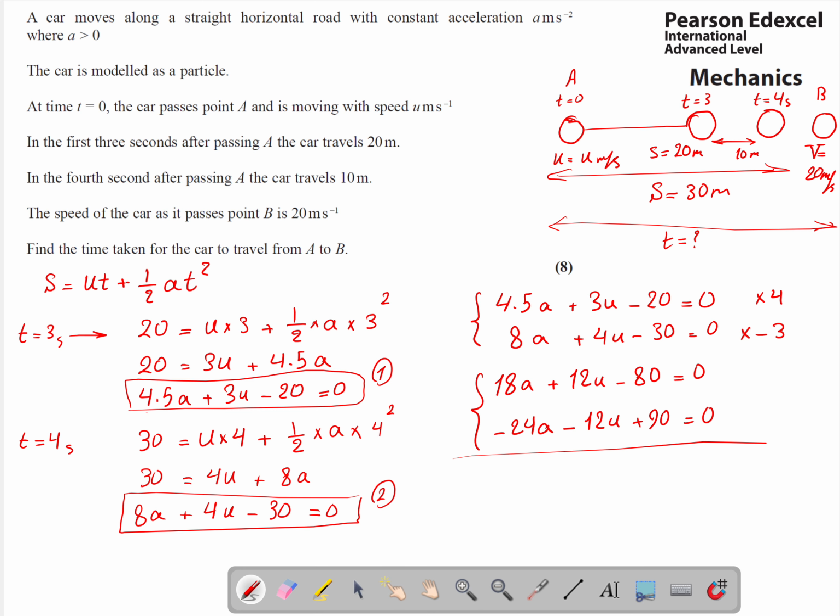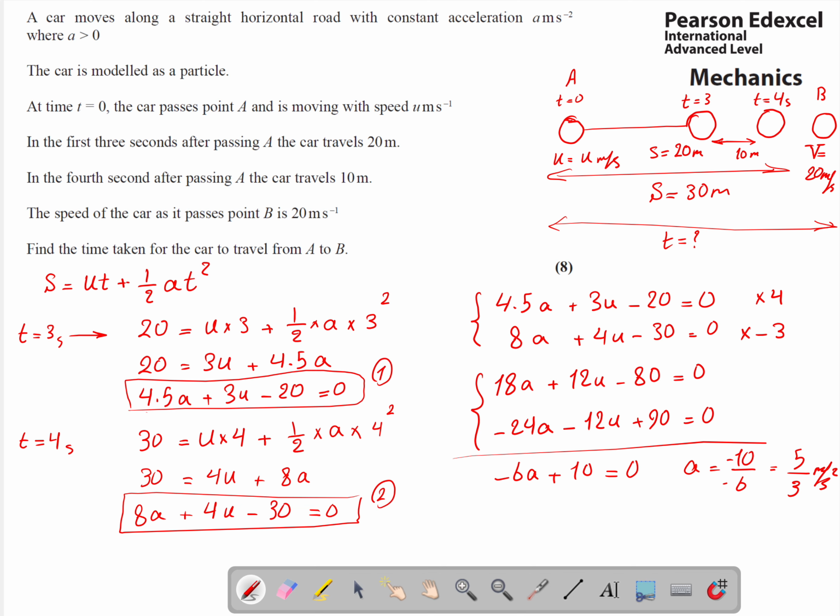The sum of these two equations will be minus 6a, the u terms cancel, plus 10 equals 0. So a will be minus 10 over minus 6, which is 10 over 6. The acceleration will be 5 divided by 3 meters per second squared.